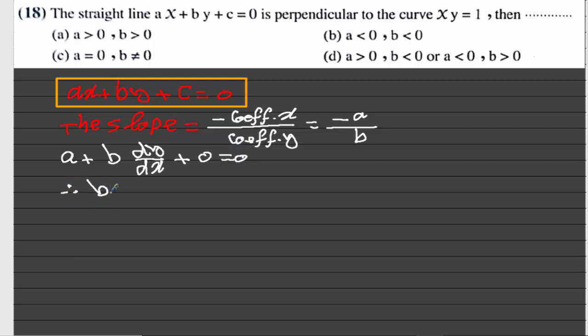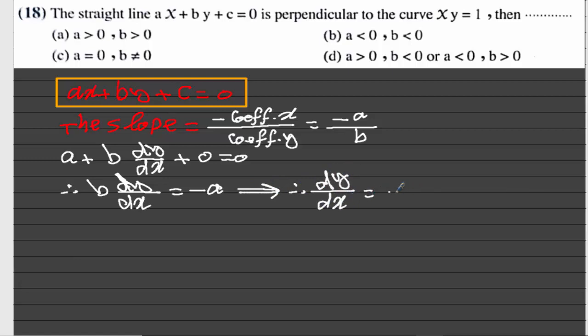That means b dy dx equals negative a. So dy dx equals negative a over b.